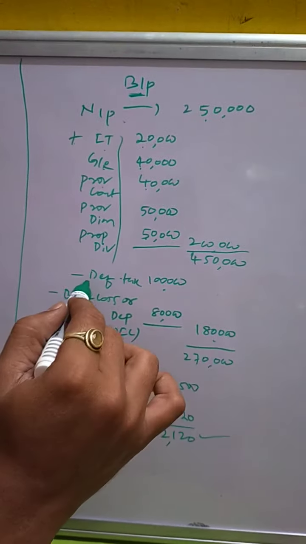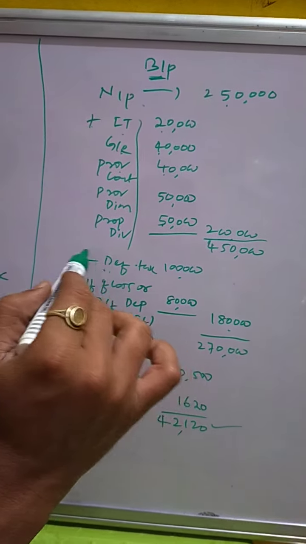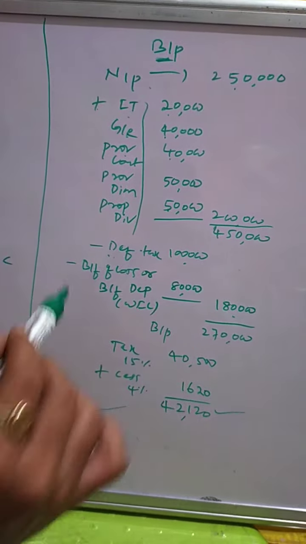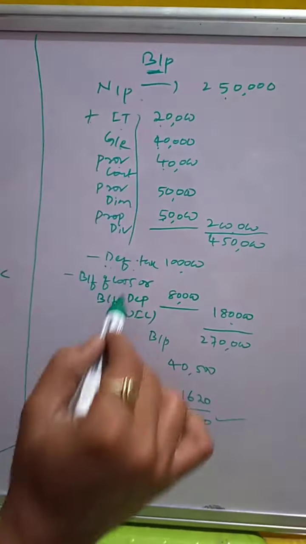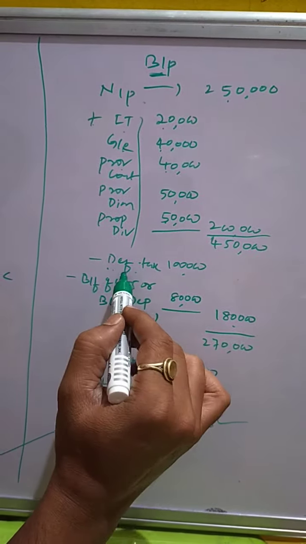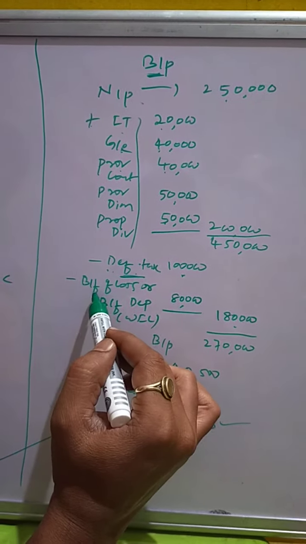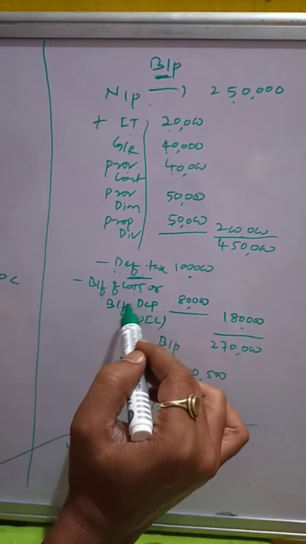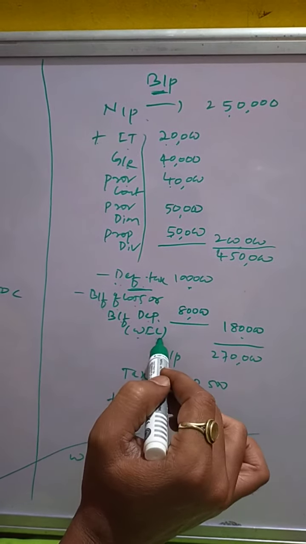So 4,50,000. Here you need not deduct unrelated income; only extraordinary items you deduct in book profit. Extraordinary item: deferred tax 1 lakh, and brought forward loss or brought forward depreciation, whichever is less.